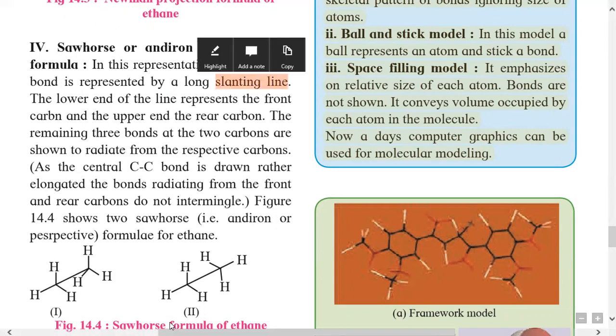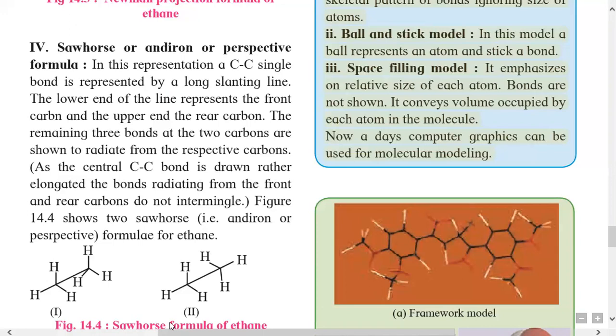The lower end of the line represents the front carbon, and the upper end of the line indicates the rear carbon or backside carbon. The remaining 3 bonds at the 2 carbon atoms are shown to radiate from the respective carbons.